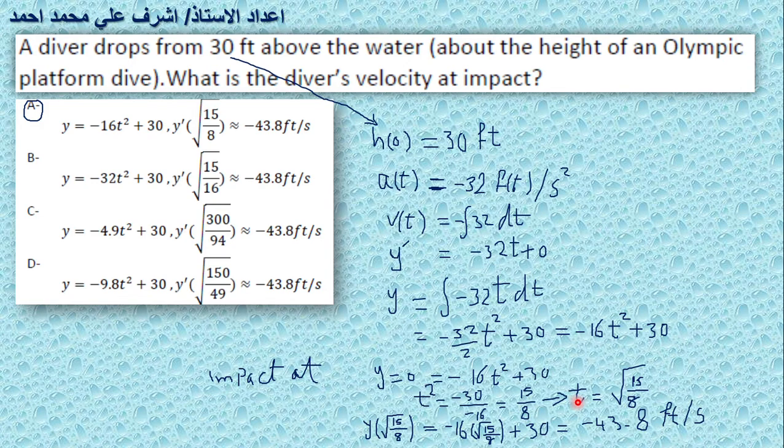We take the square root. t equals the radical of 15 over 8, without the negative because time is not allowed to be negative. Now we substitute to get the height. So our right answer is A.